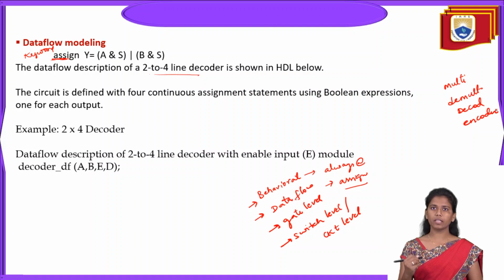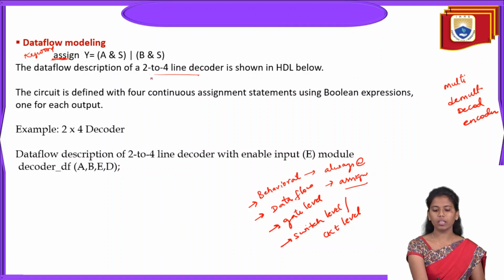But the important thing to remember is that when you are writing a particular code, mentioning the keyword is very important. As you write your code in terms of data flow modeling, remember that assign is a keyword you have to mention. Now, in the coming examples, we will be discussing the 2 to 4 line decoder.